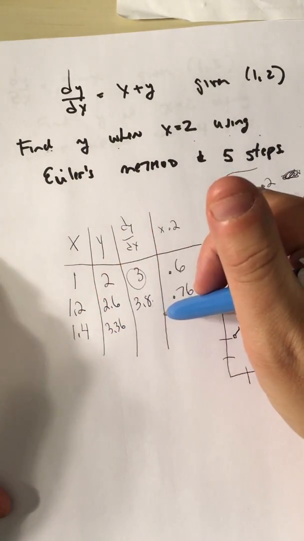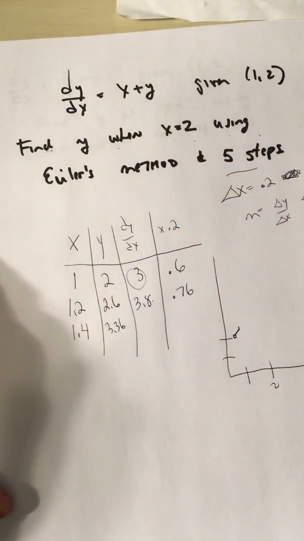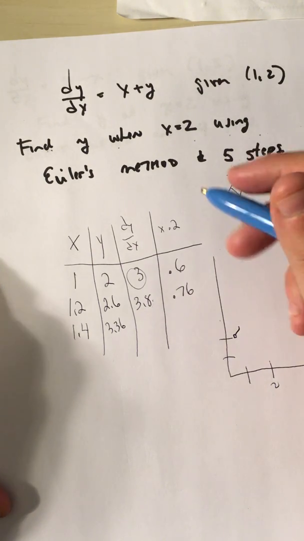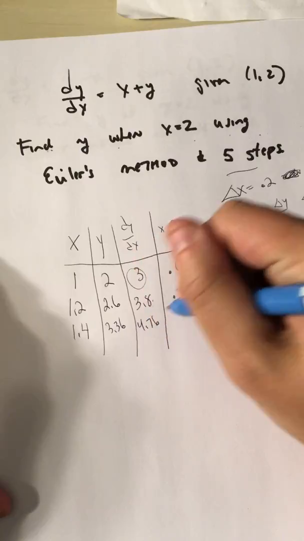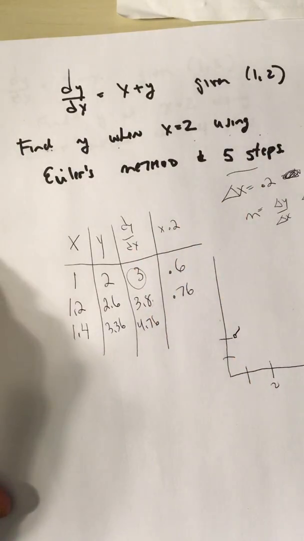I continue this process until I get to 2. So 3.36 plus 1.4, I'm adding those up because that's my differential equation. My slope is 4.76 times 0.2 is 0.952.